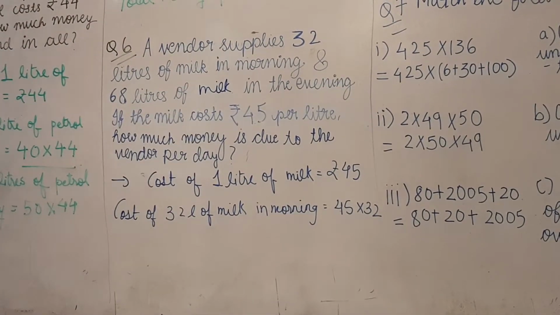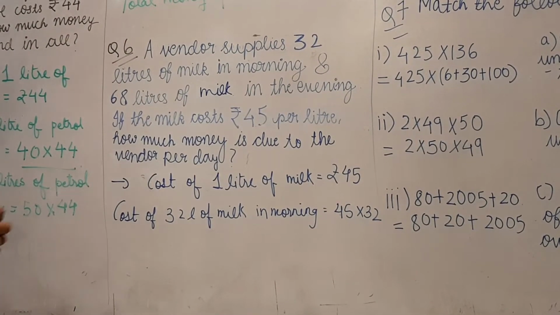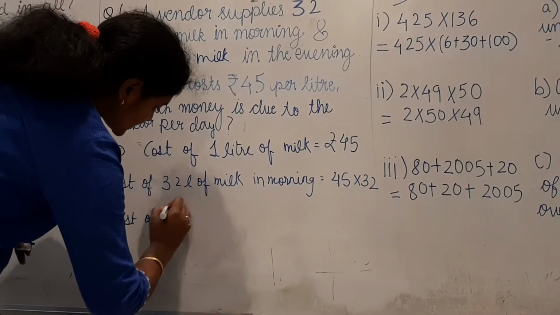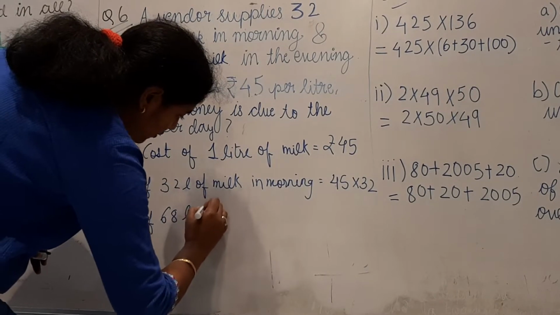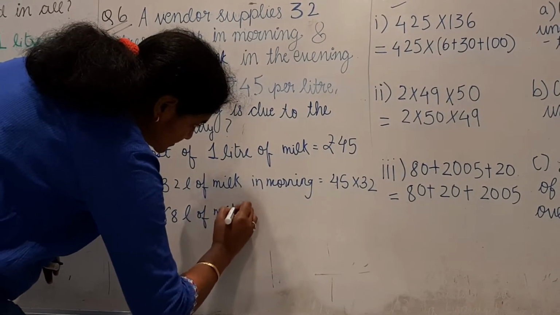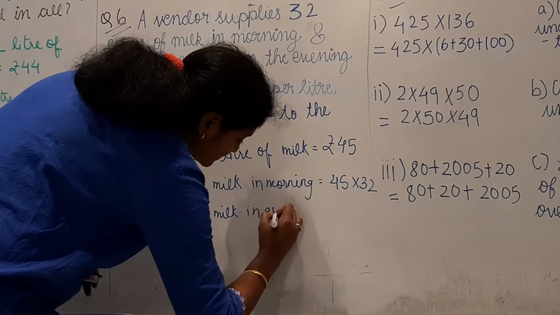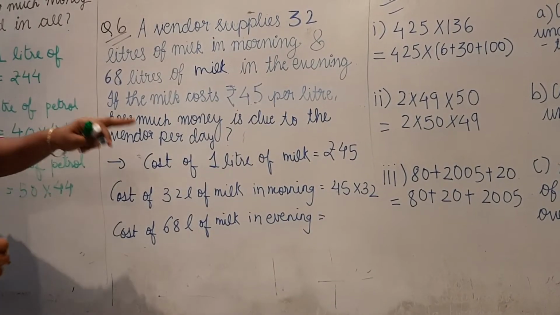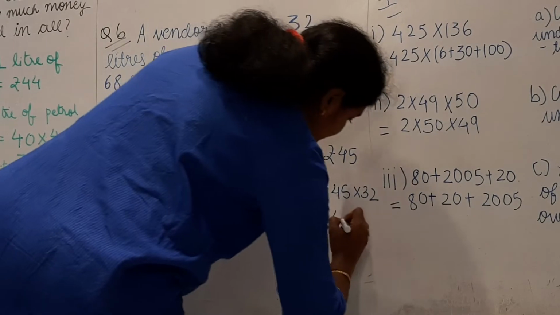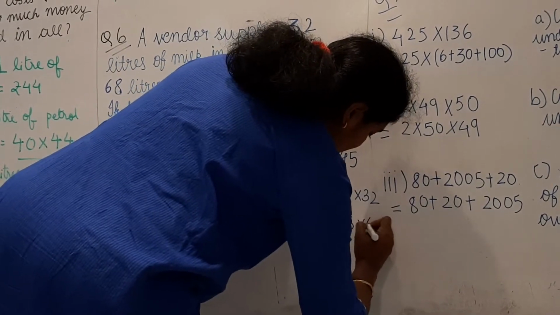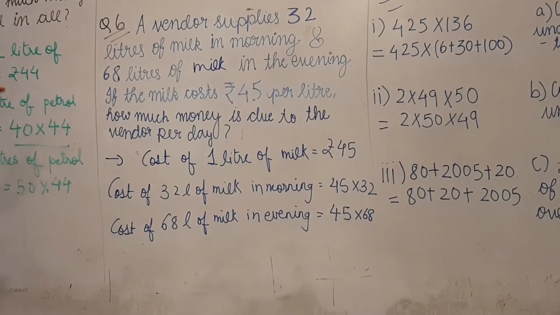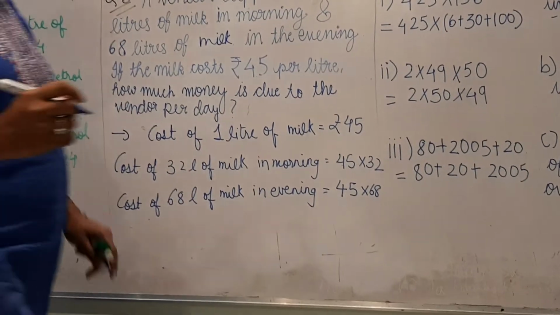Now in the evening how much is it supplying? 68 liters. So the cost of 68 liters of milk in the evening will be 45 into 68. Don't multiply and write the answer. We are going to use the properties.